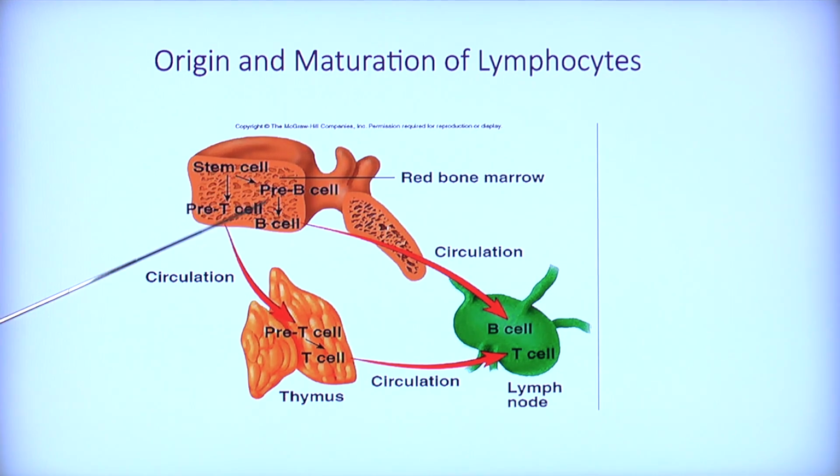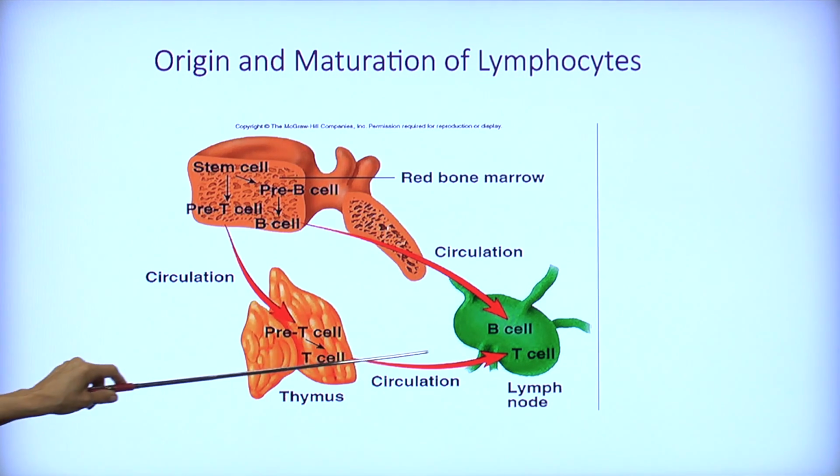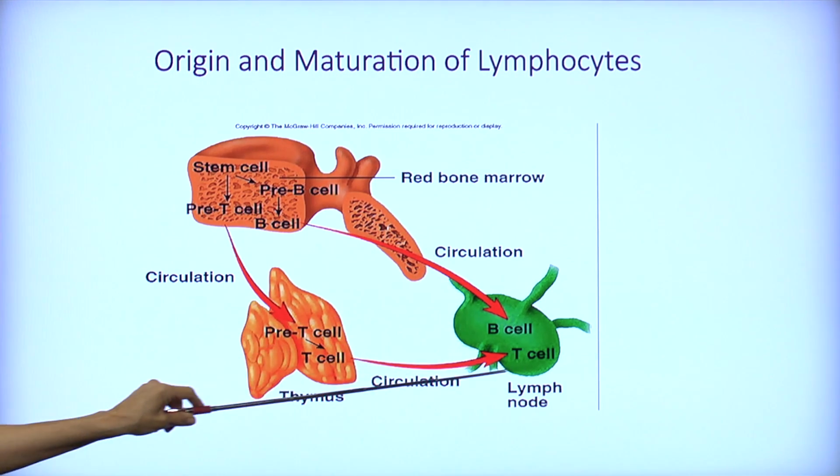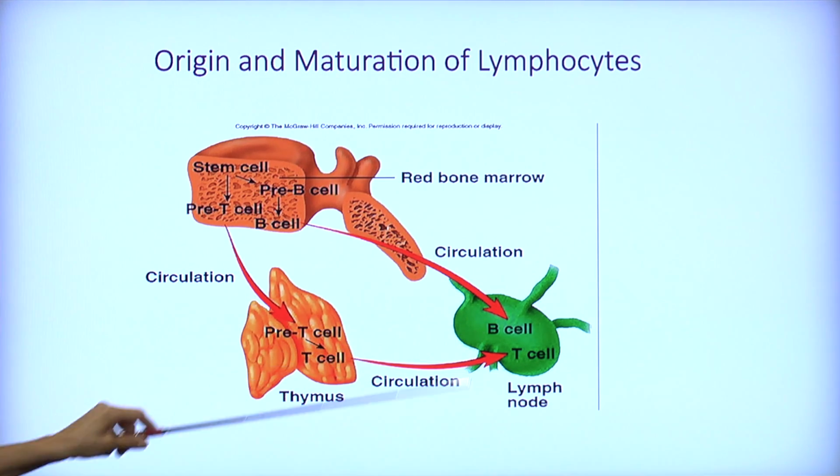So the B cell will remain inside the bone marrow until it is completely mature. The T cell will leave the bone marrow and go to the thymus gland, where it will gain its maturity. Once the B cell is mature and the T cell is mature, they will go to the lymph nodes, they will become immunocompetent, and they will learn how to launch their attack.